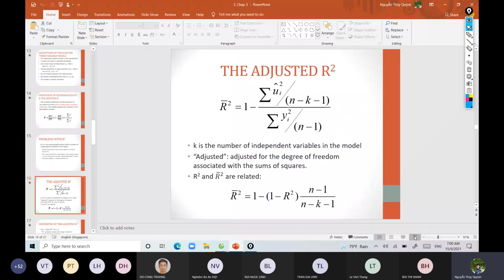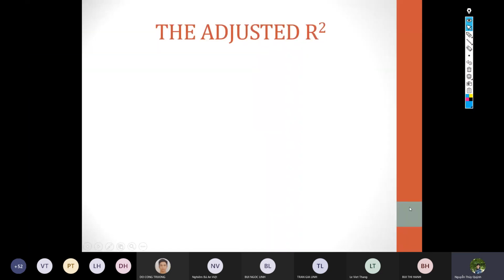Right, about the adjusted R square. In the case where we need to make decisions on whether to add one more independent variable into the model, we cannot use R square because of its problems.